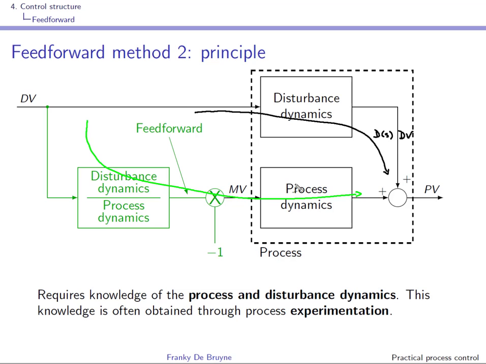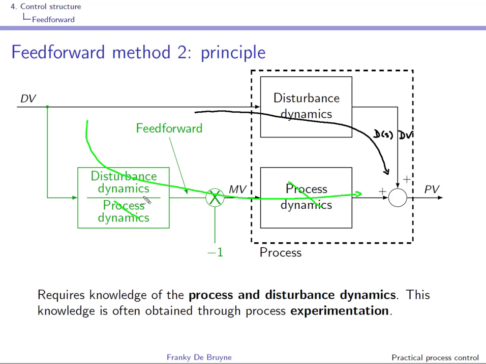So if you go through the process, of course, in this second influence path, we have to cancel the process dynamics. So this is why in the feed forward you have the inverse of the process dynamics. This one will cancel out with this one, right?